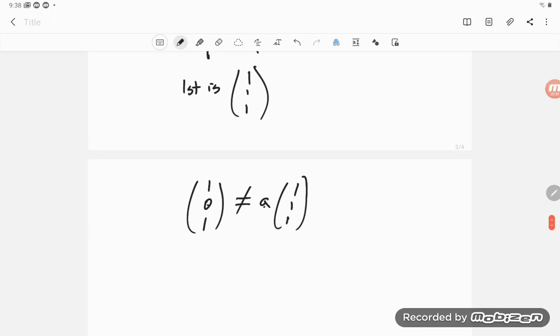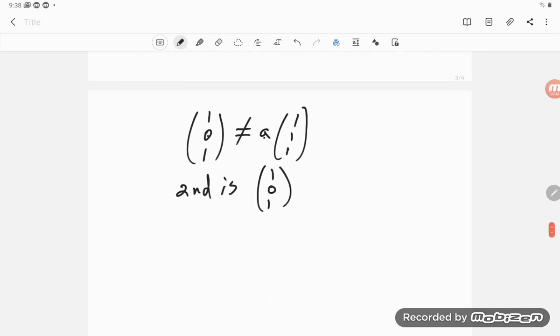Nothing else is going to work. So my second is 1, 0, 1. But then 0, 1, 0.